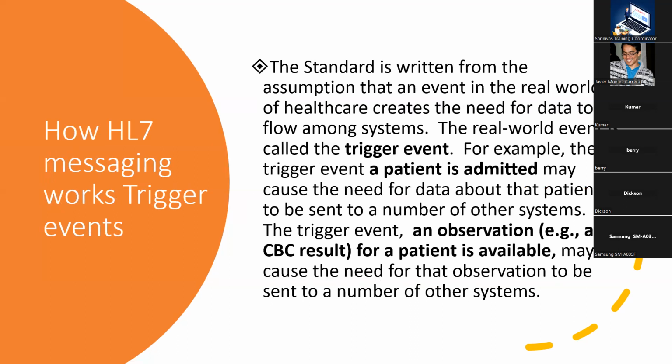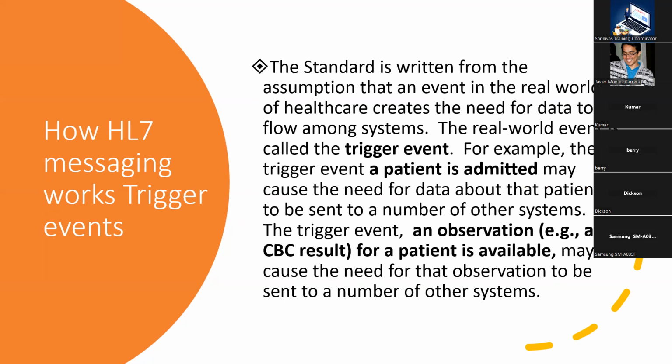So how does HL7 messaging work? Let's see that. The HL7 standard is written from the perspective that we have an event happening. This is where we want to go back to our hospital workflow. When the patient talks to the receptionist, the receptionist would ask whether they are here for the first time.